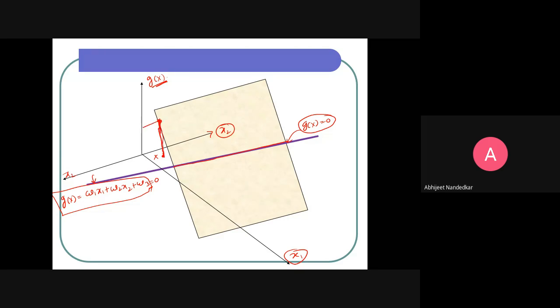So this will be your g of x. Suppose I take this as x1, then this will be g of x1, and this will be some positive number. You can see here, this is the positive axis of g of x, and the negative axis of g of x is this side. So if you take any sample from this part and project it on the plane, you will get some negative value of g of x.